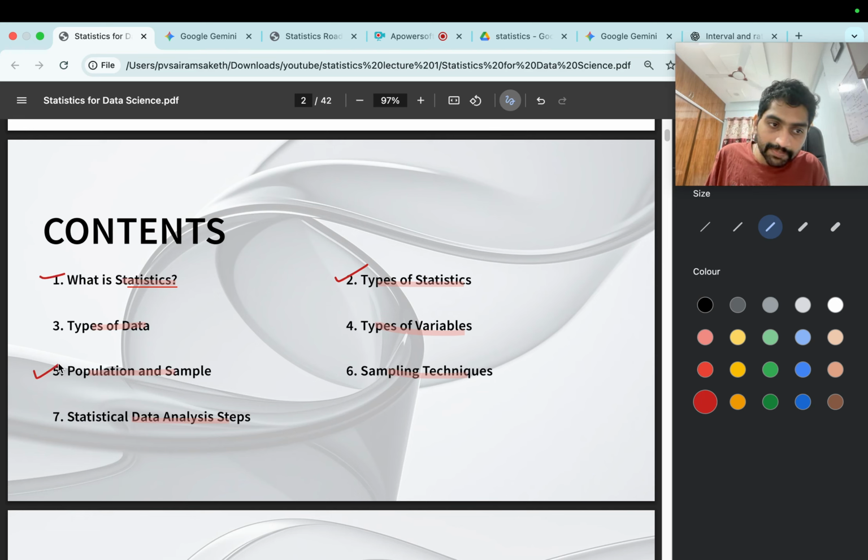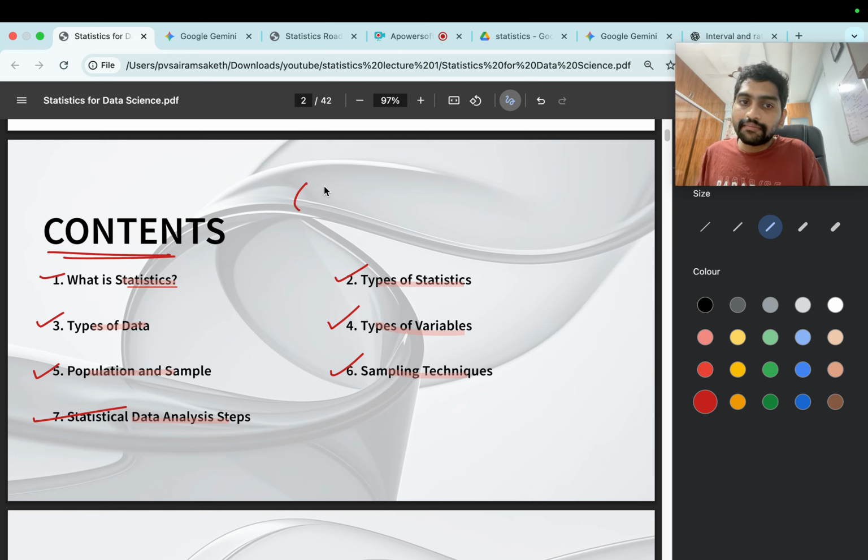After that, we studied types of data, types of variables, and some sampling techniques like random, systematic, stratified, and cluster sampling. Then we studied the statistical data analysis process. This completes the first phase. The introduction to statistics is completed.